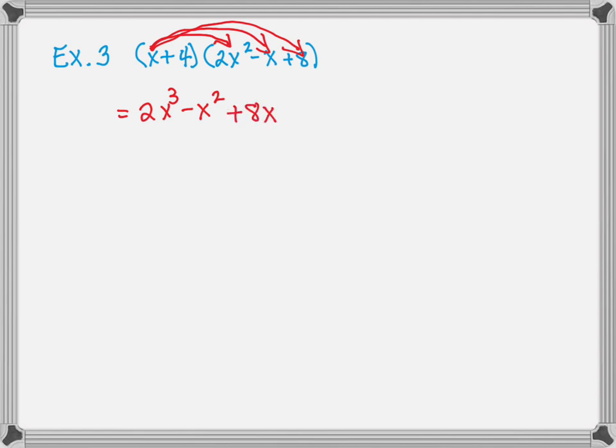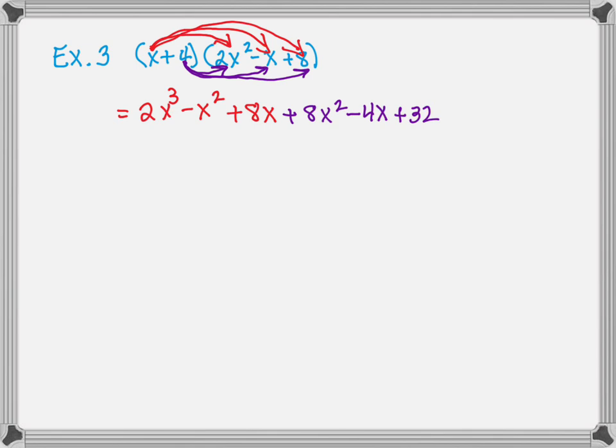Now I'll move over to the 4 and distribute that. 4 times 2x squared is 8x squared. 4 times negative x is negative 4x. And 4 times 8 is positive 32.